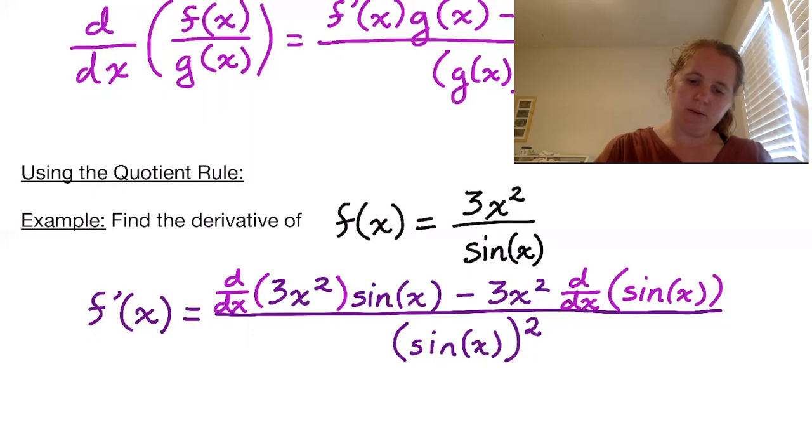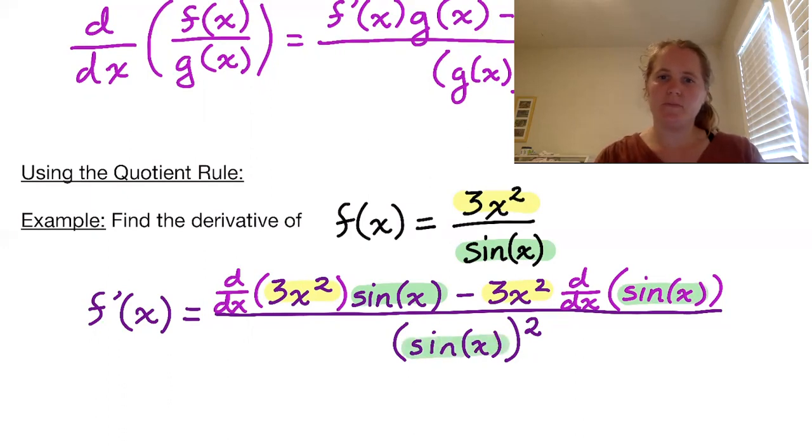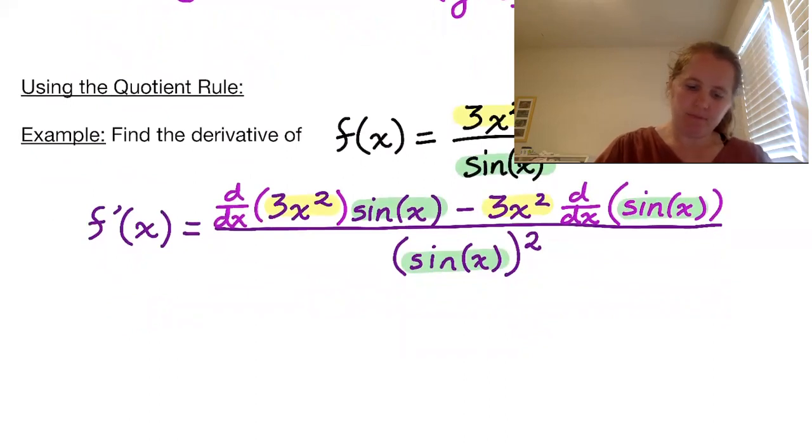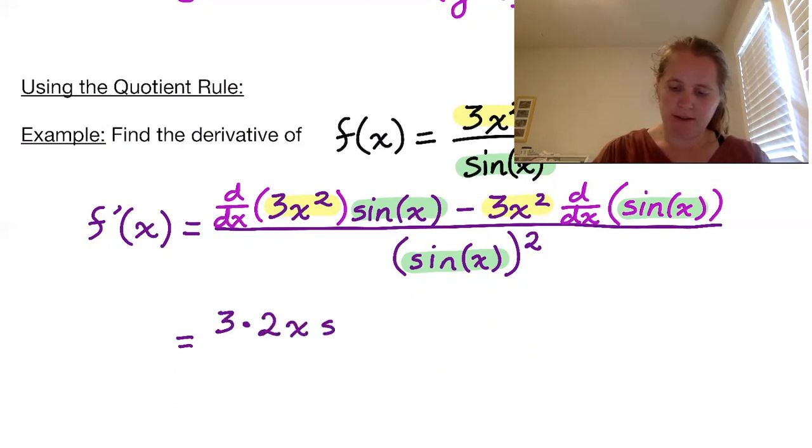So again, the rule: we do the derivative of the first times the second, and we subtract the first times the derivative of the second, and then we divide by the second squared. So from here, we have f prime of x is equal to, well, the derivative of 3x squared using the power rule. We would have 3 times 2x and then times sine of x.